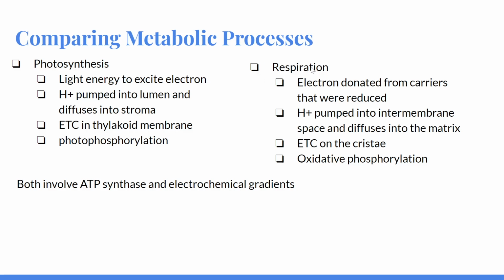And then here you just get the electrons that are being moved from carrier to carrier that will reduce. In both of them, you're going to have protons being pumped across the membrane, but it's just different membranes. So the protons are going to be pumped into the lumen, and it diffuses into the stroma. And then the protons are going to be pumped into the intermembrane space in the mitochondria, and that diffuses into the matrix. These are also happening in different organelles.